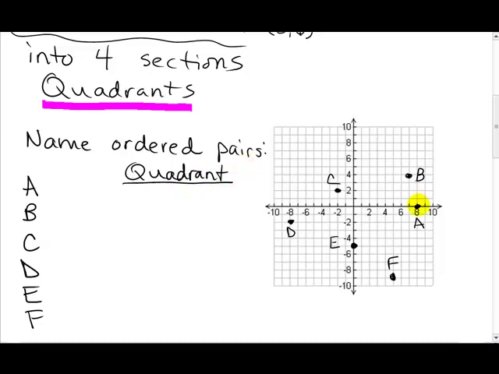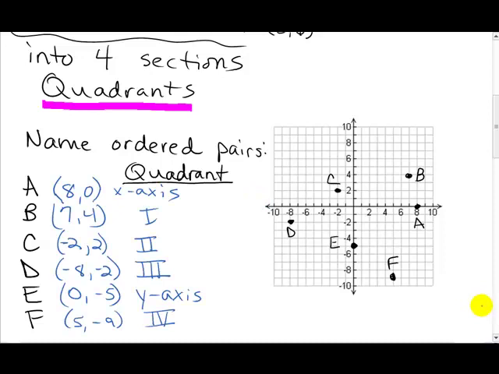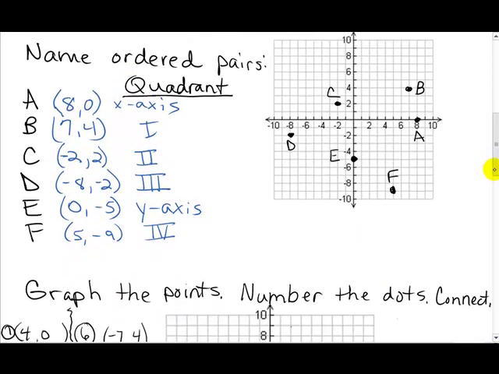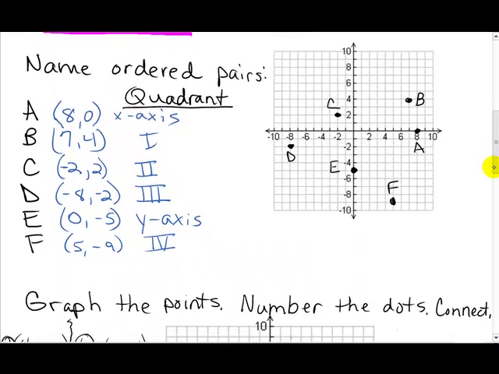And if it's not in a quadrant, like A, it's on an axis, then you'll just name the axis. So go ahead and do that, and I'll work while you work, and then you can check your answers. Alright, so check your answers, see how you did. And then we're going to move on to something else I want you to do.